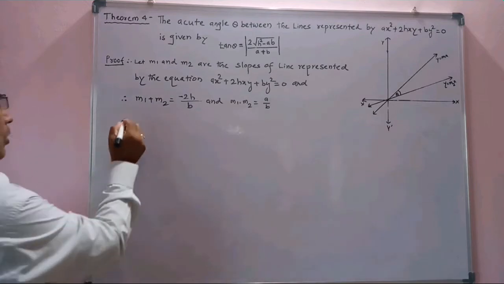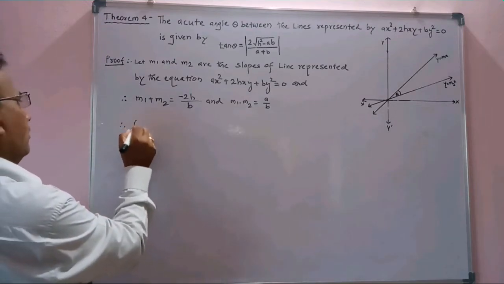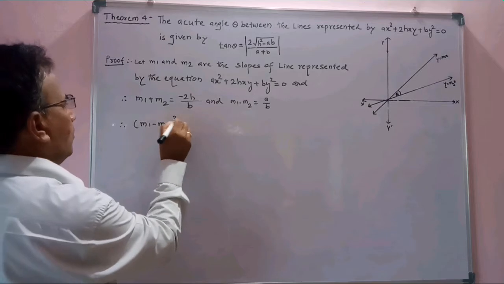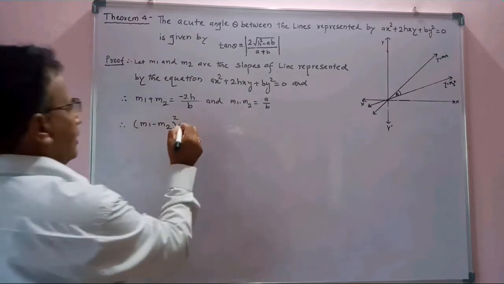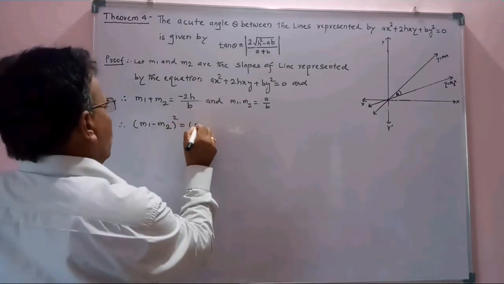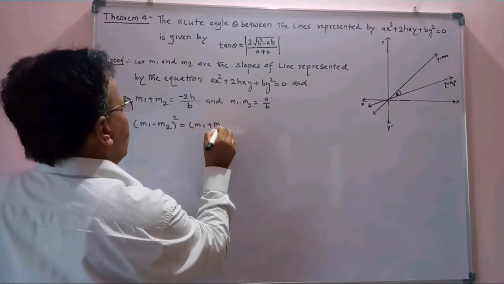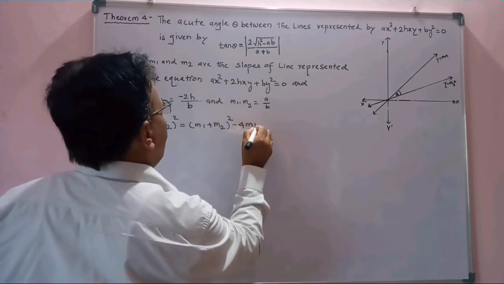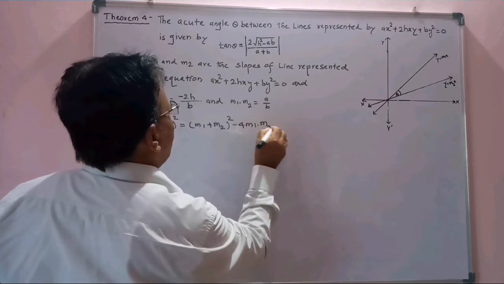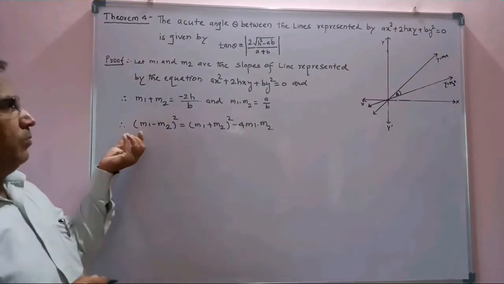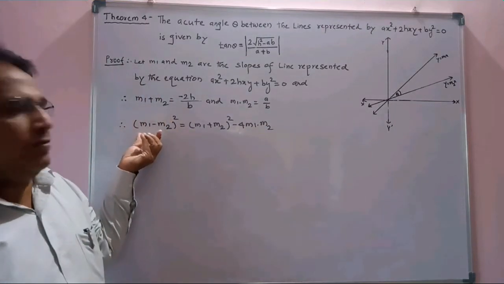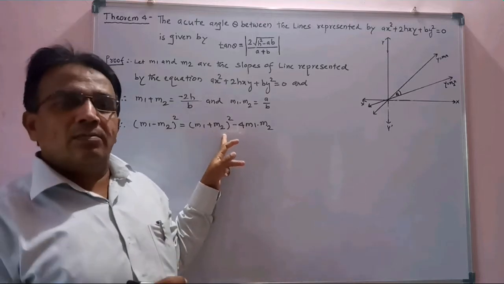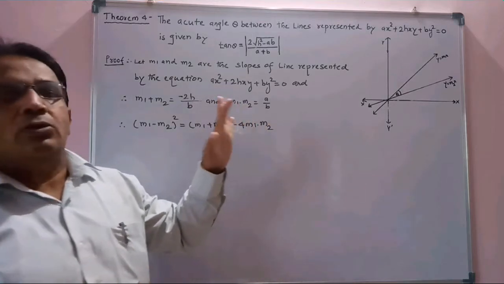Therefore, we use the formula (m1 minus m2) bracket square equal to (m1 plus m2) bracket square minus 4 m1 into m2.